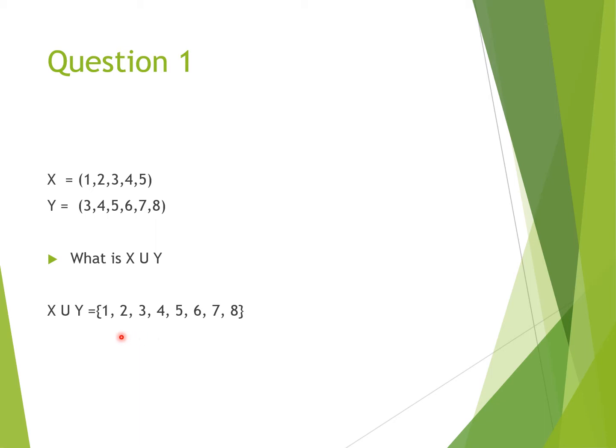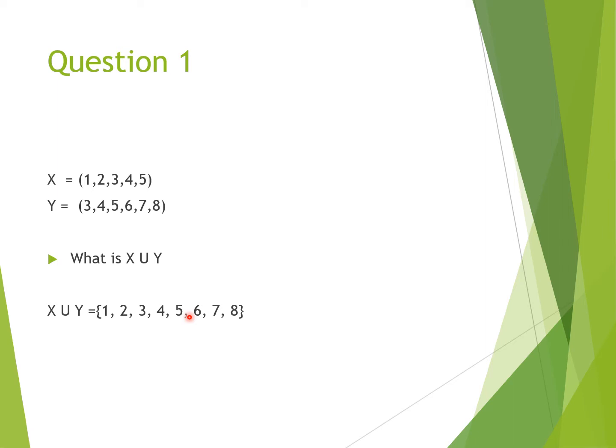So, as I said before, the two sets put together make the union. So we have 1, which is in set X, 2, which is in set X, 3, which is in set X, 4, which is in set X, and 5, which is in set X. Now, 3, 4, and 5 are already in set X, so we don't have to repeat them. That is the thing with union. Although you put the two sets together, you do not have to repeat those that are written again.